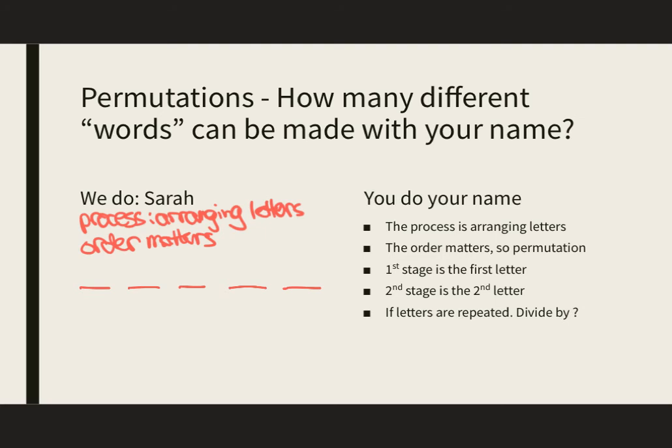Here we go, Sarah. If we're choosing letters, we have 5 letters to choose from. And then after we choose S or A or whatever, we have 4 left. And then we have 3 left and 2 left and 1 left. But you might be looking at this and there's a problem. How do you tell the difference between this A and this A?